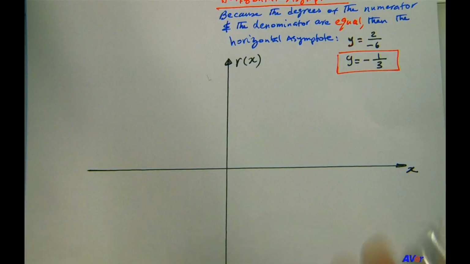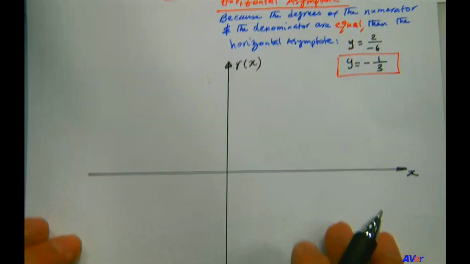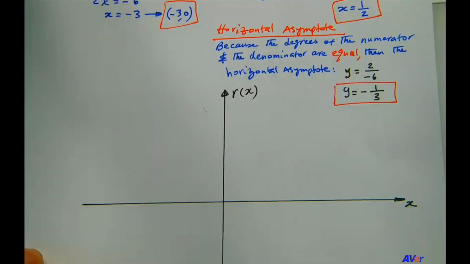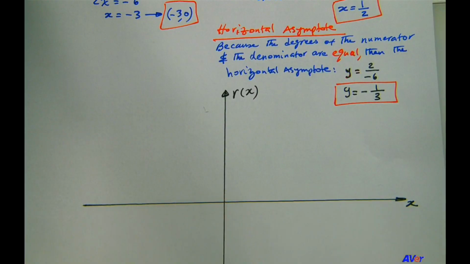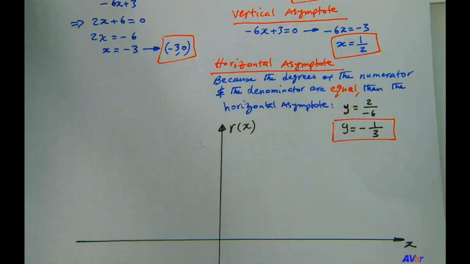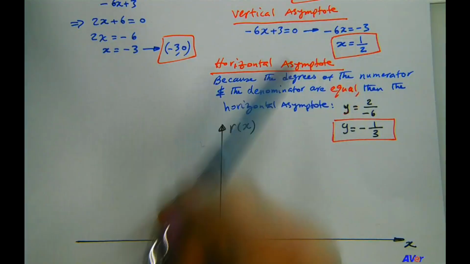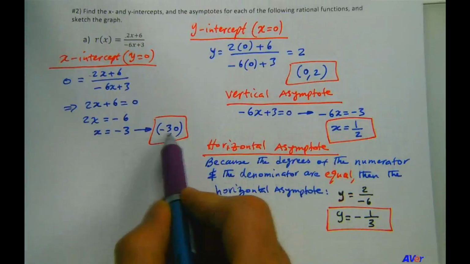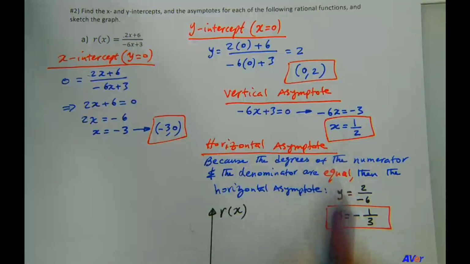So let's plot the asymptotes first, because we're going to know where those limitations are. So the vertical asymptote is at x = 1/2. These are nice, easy numbers, all of these, -3, 0, 2. These are small, easy numbers, so I'm going to make my increments a little bit large.